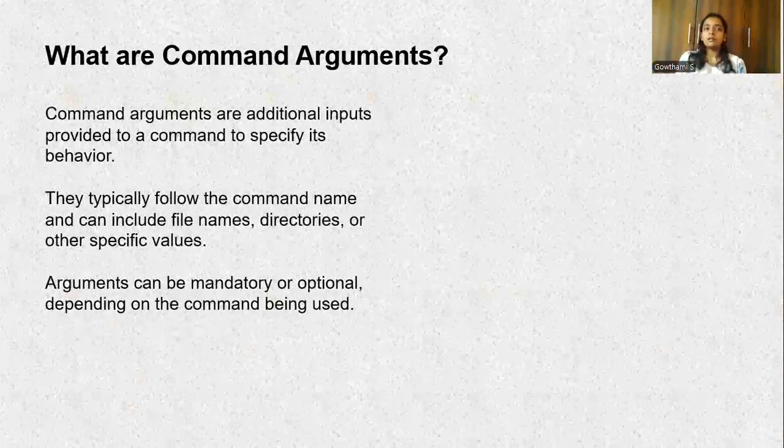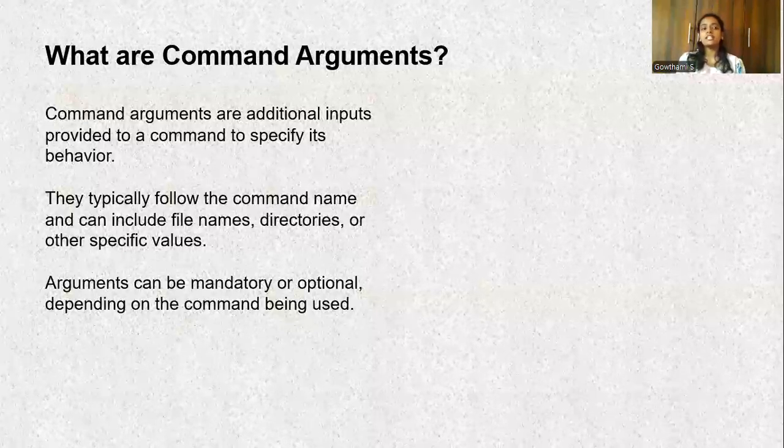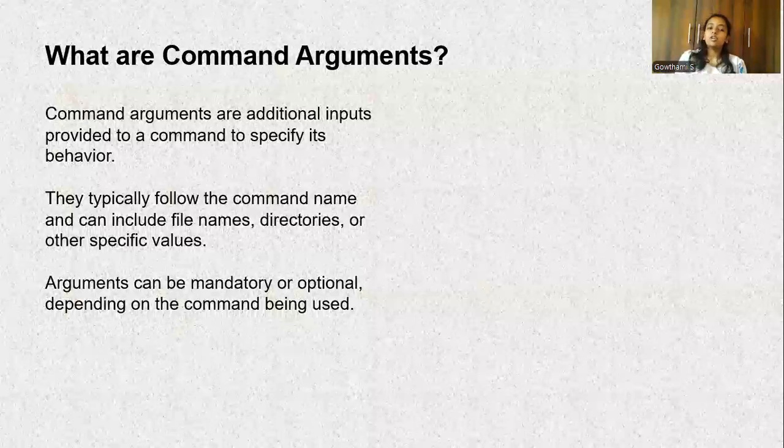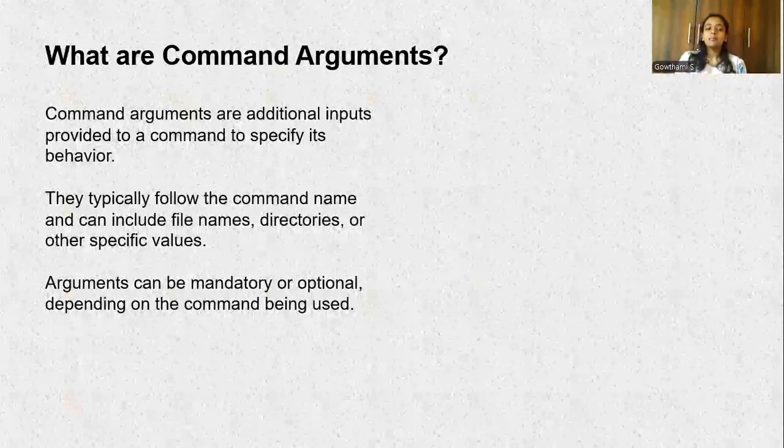So what are command arguments? Command arguments are additional inputs provided to the command to specify its behavior. They typically follow a command name and can include file names, directories, or other specific values. Arguments can be mandatory or optional depending on the command being used. So basically, what is this command argument about?